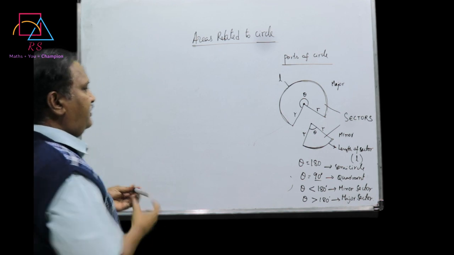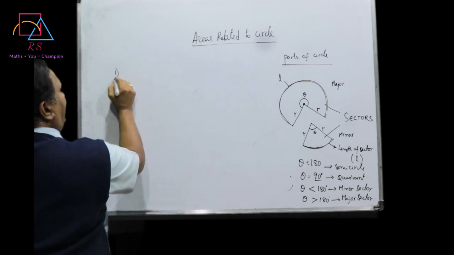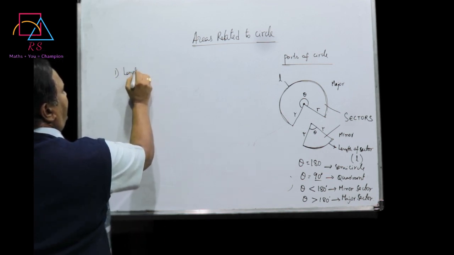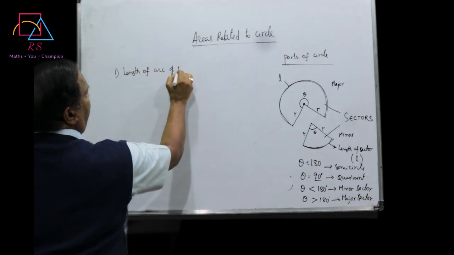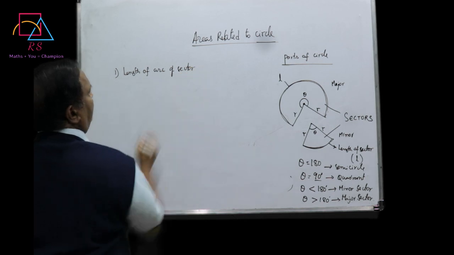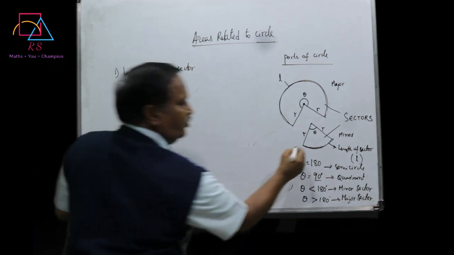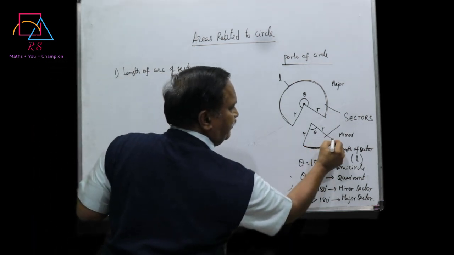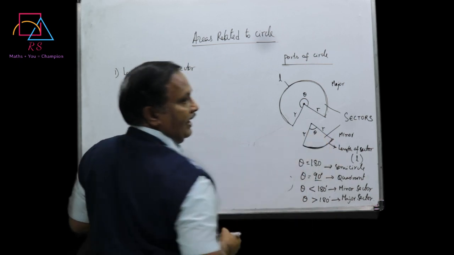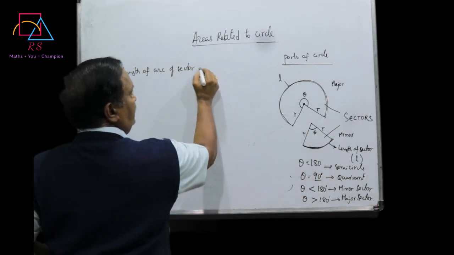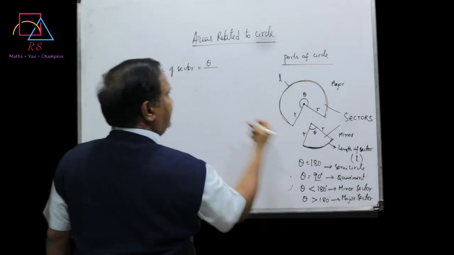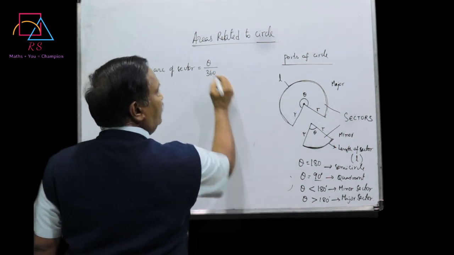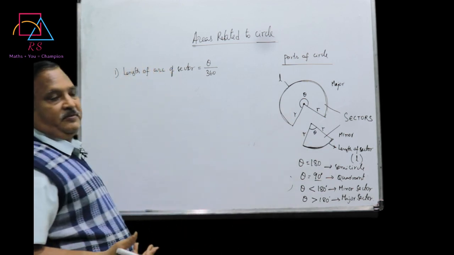One is the length of arc of the sector. That means only this length part. It depends on the angle. So theta upon total angle, which is 360. So this is how this part is formed.